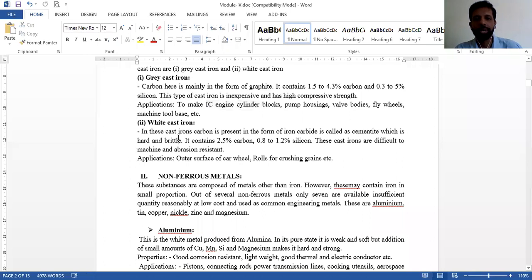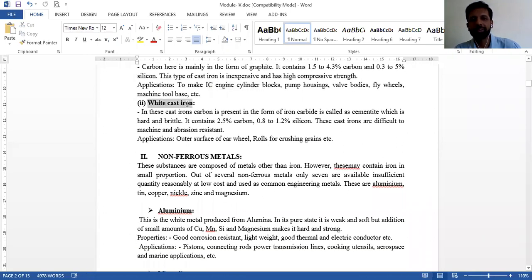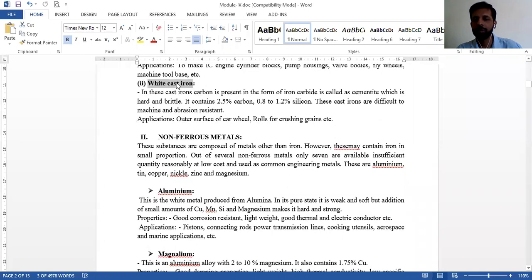Right. So white cast iron, yes. This white cast iron will not have a grayish color. They will have almost a fair whitish color, almost like aluminium. Not exactly aluminium, the look will not be so much, but it will be a much brighter color. It will not be a dark iron in gray color. So that is why the name white cast iron appears, and this is because of its lower carbon percentage.